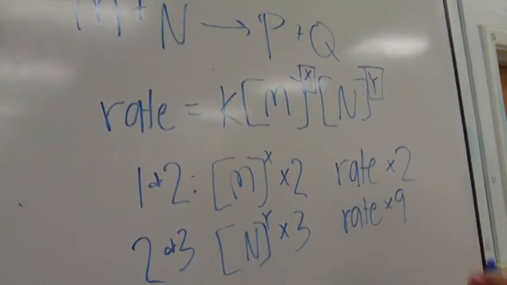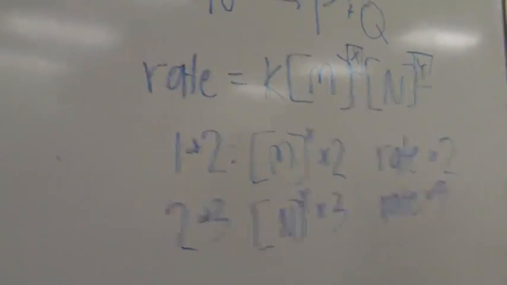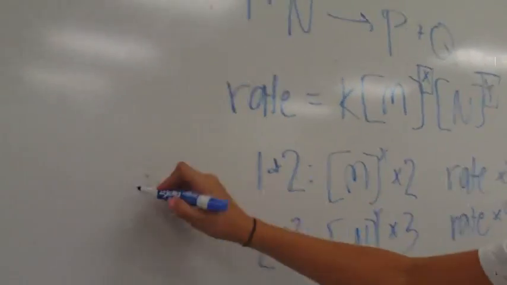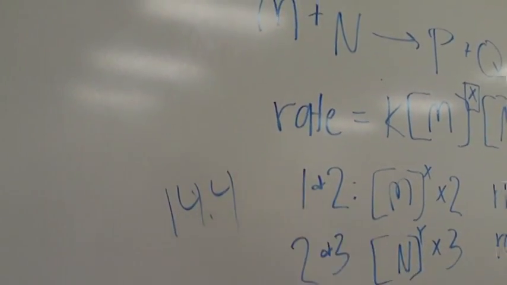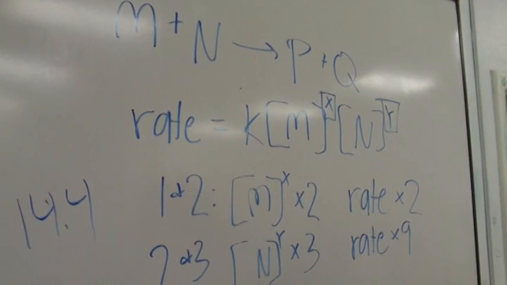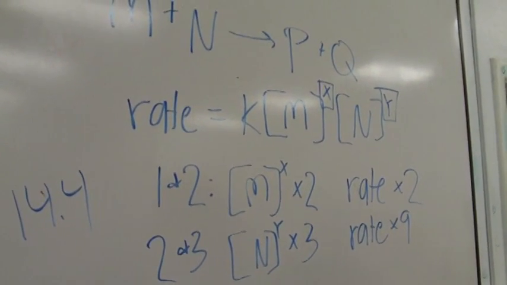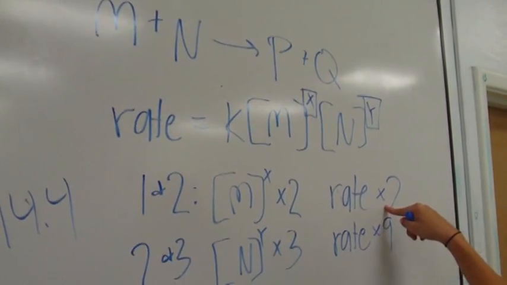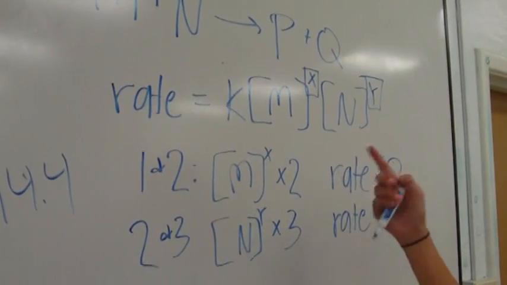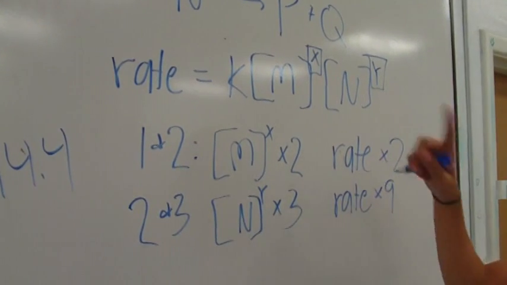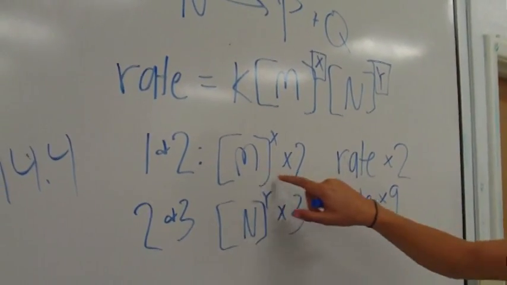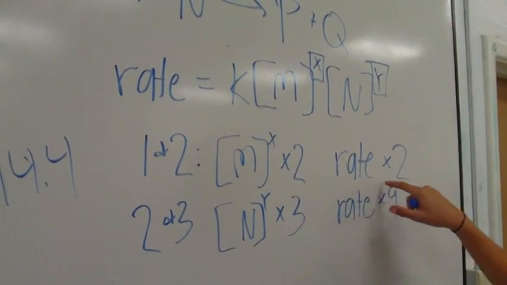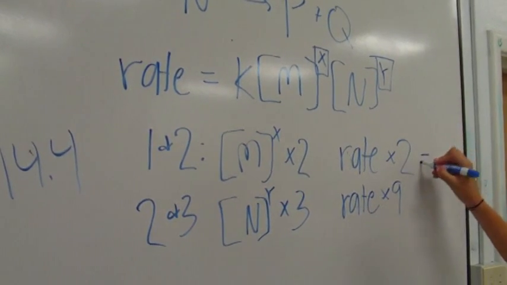So there's a really great table in the book. I believe it's table 14.4, but it tells you, for how concentration changes compared to how rate changes, what the coefficient is. It says in there that when your concentration is multiplied by 2 and your rate is multiplied by 2, that's a first order reaction.